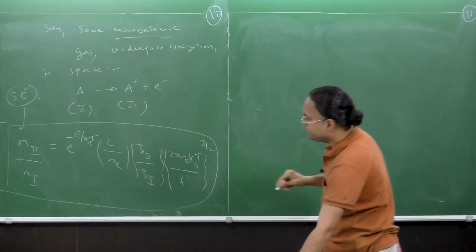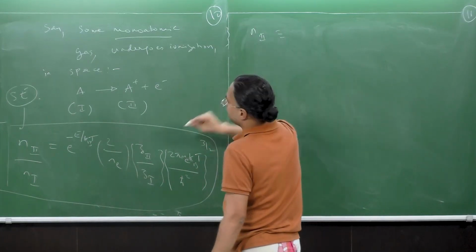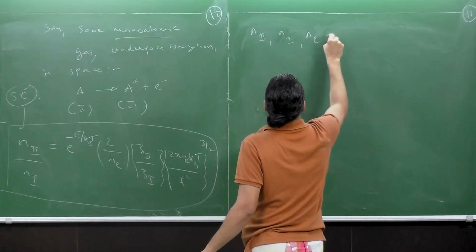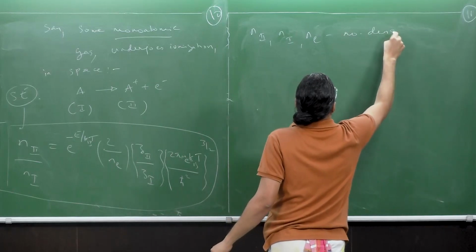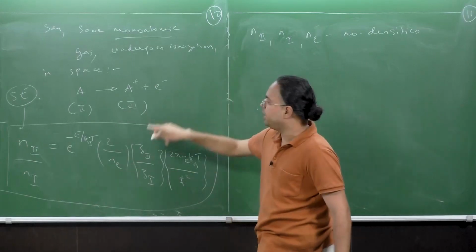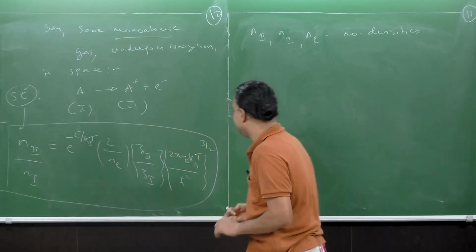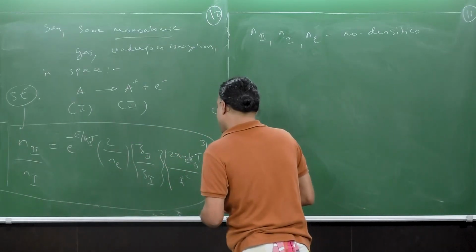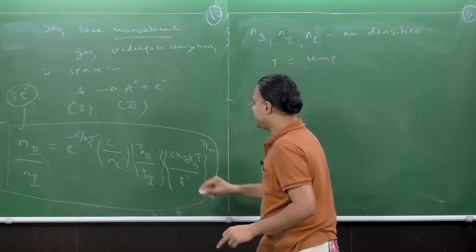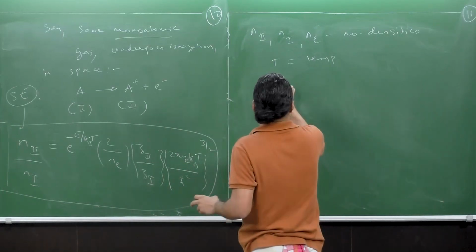Okay. Now in this equation, N2, N1 and Ne are the number densities, where by e I'm talking about the electron. So this is Ne, this is N2 and this is N1. Okay, so these are the number densities, and T is temperature. H bar is h by 2 pi, that you should know from this class. Me is the mass of the electron.